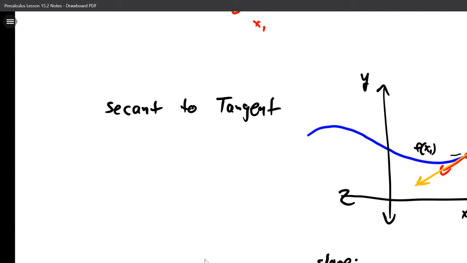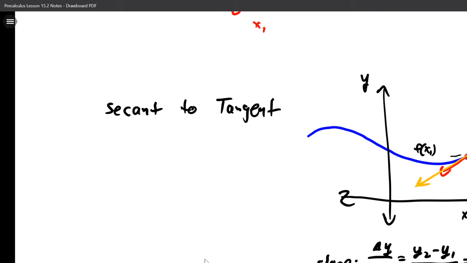Slope is delta y over delta x, which we could represent as y2 minus y1 over x2 minus x1. Put into these terms, what's our second y value? Our second y value is f of x sub 1 plus h.